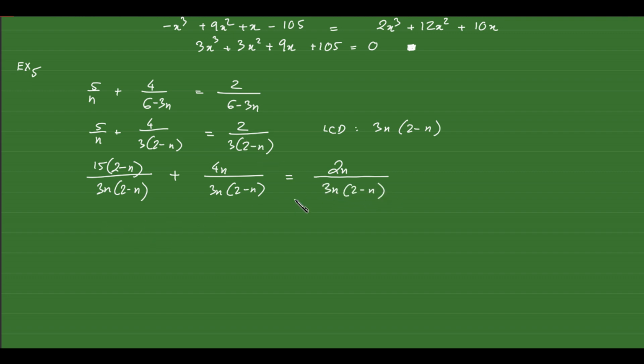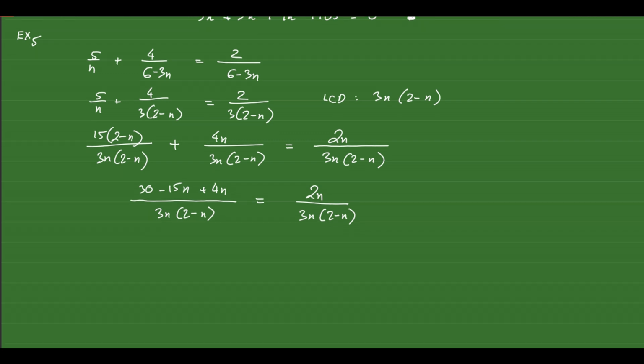So you see that after I multiply the top and the bottom by the missing parts, I can go ahead and combine them together, because all the denominators are the same already. So I have 15 plus 4n, sorry, equal to n over 3n, 2 minus n. Now this proportion has the same denominator, so I can go ahead and set the numerators equal to each other.